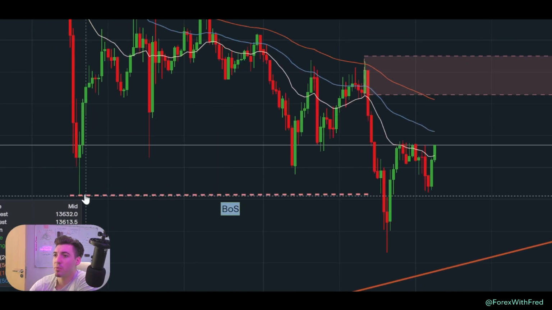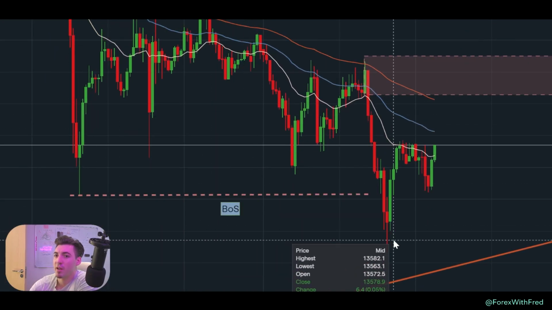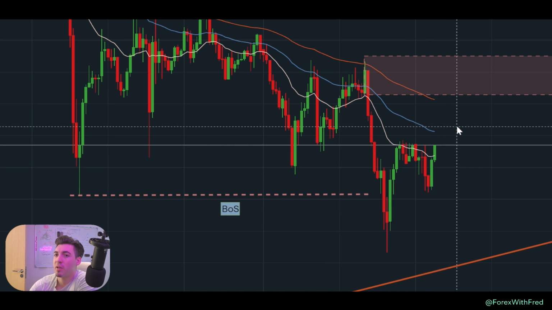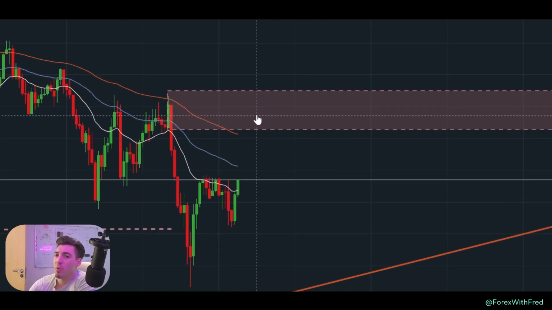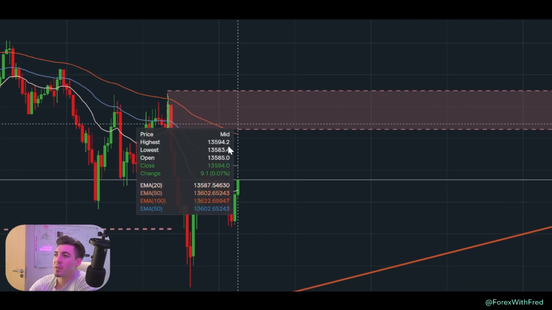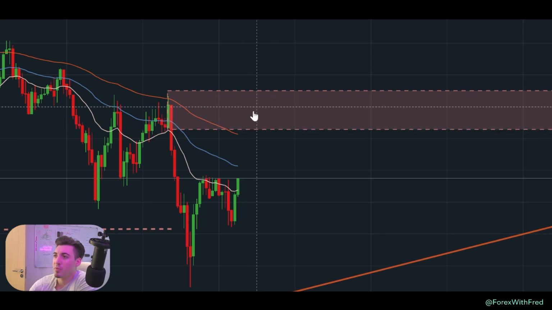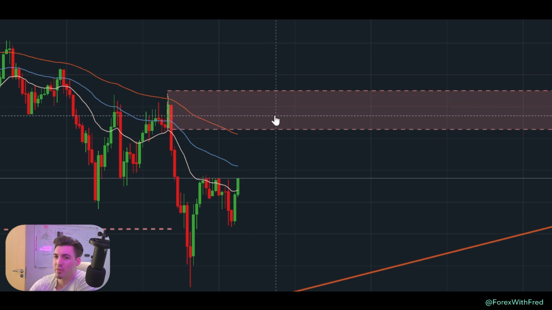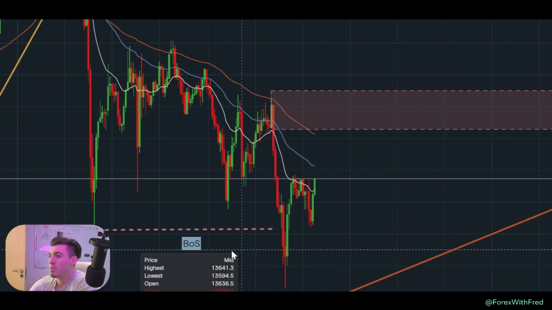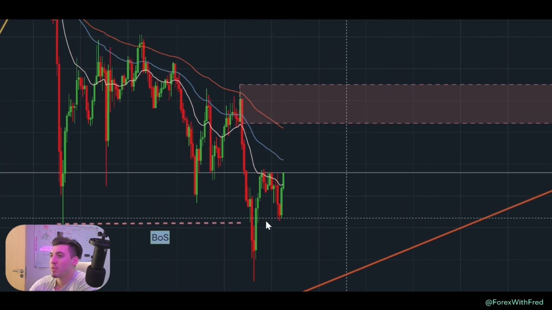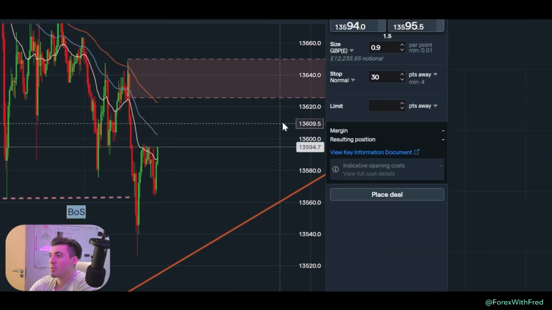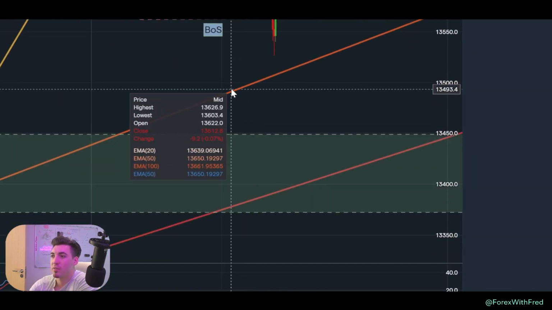Now it's beginning to retrace slightly. So what we're waiting on today is if the price is able to climb back into that supply zone, then I can put in a short trade and try and target a new lower low for today.